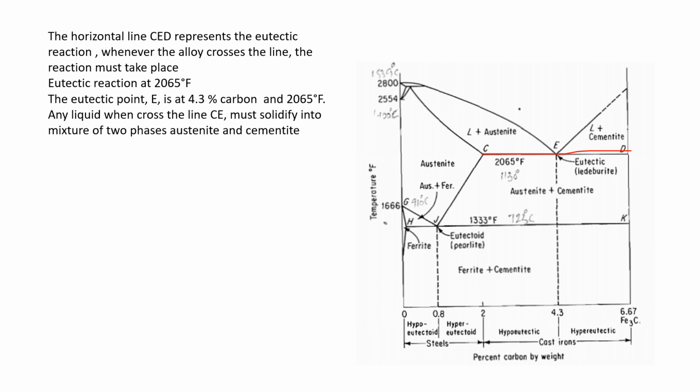Any liquid that crosses the line CE must solidify into a mixture of two phases, austenite and cementite. When the mixture is cooled below 2065 degrees Fahrenheit, the solution solidifies into austenite plus cementite.